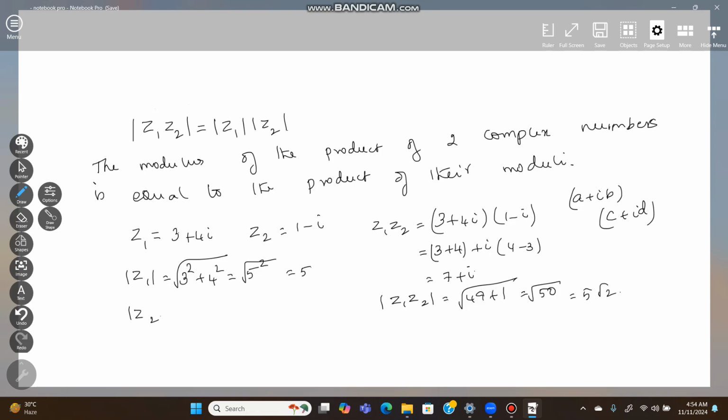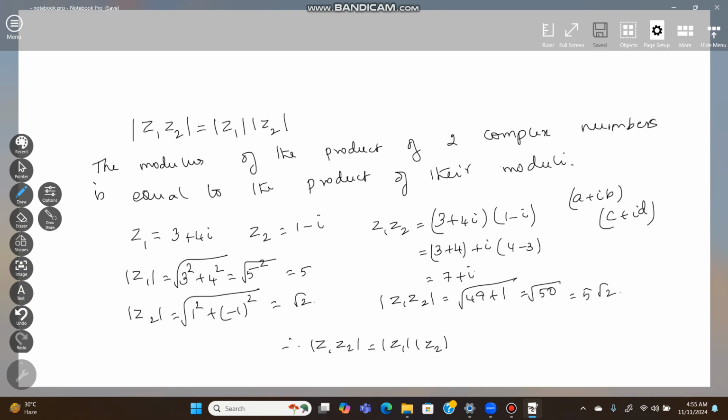And mod Z2 is the square root of 1 square plus minus 1 the whole square, which is equal to root 2. Therefore, don't you see that the modulus of Z1 Z2 equals mod Z1 times mod Z2. That is what we have proved here, that the modulus of the product of two complex numbers is equal to the product of their moduli.